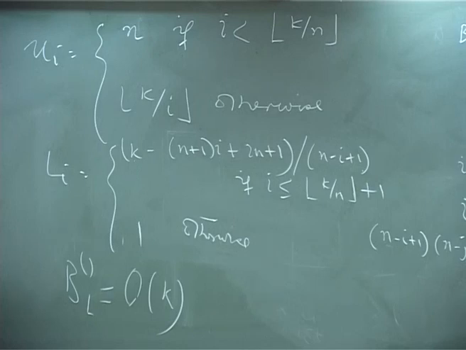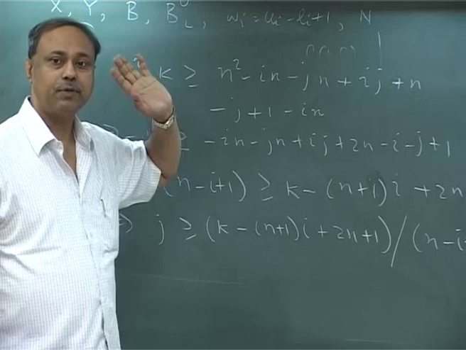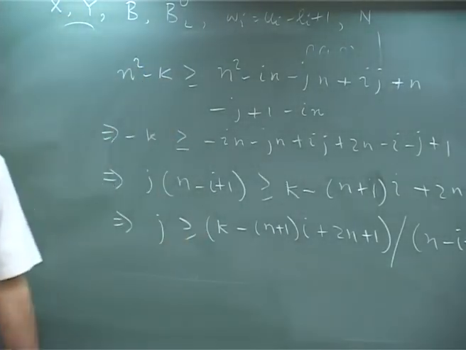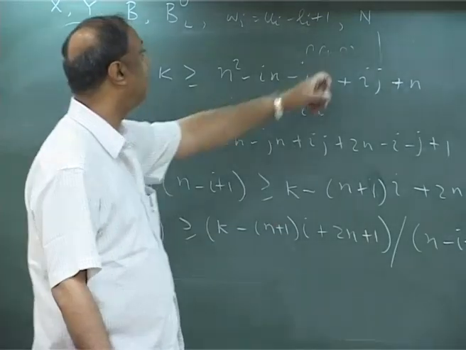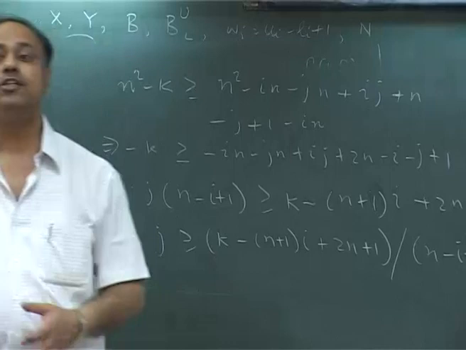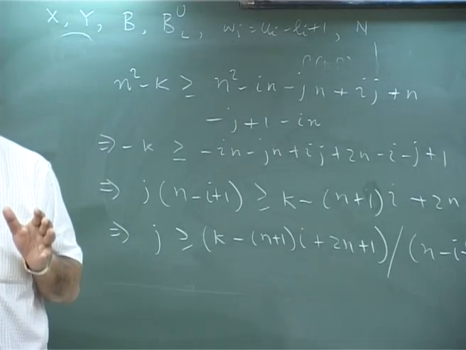Then you have to know the value of WI. That takes constant amount of time because every processor finds UI minus Li plus 1. Then you need to know the value of capital N, because you have to check whether capital N is smaller than or equal to small n or not. Agreed?